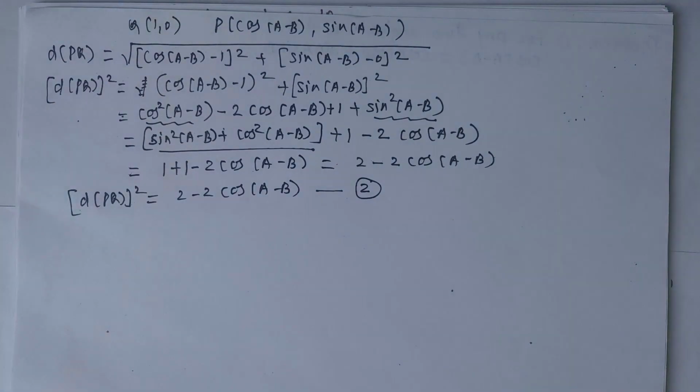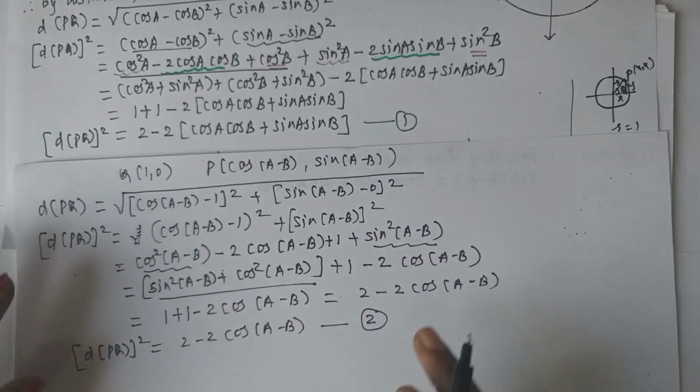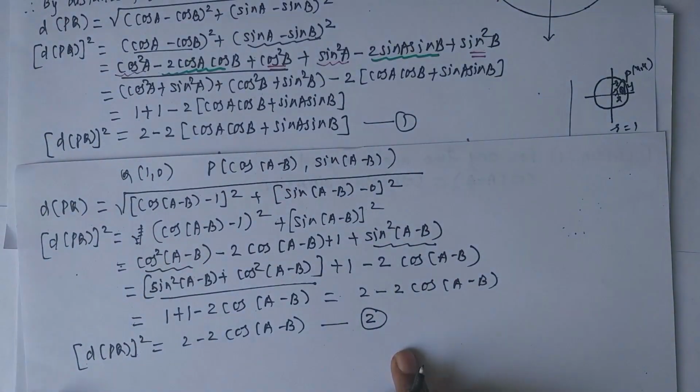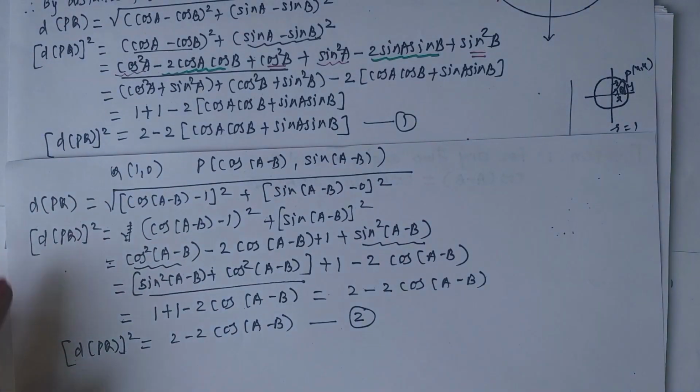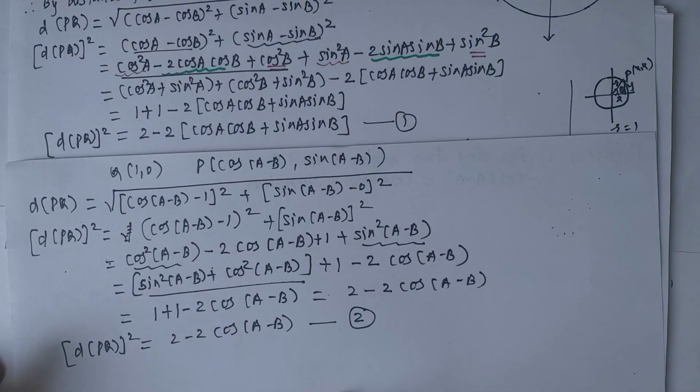Now see, our first equation is what? This is our first equation and this is our second equation. For these two equations, the left hand side is equal. Therefore, we will equate the right hand side.